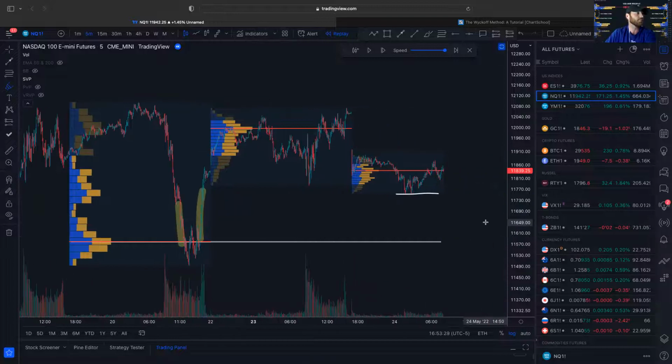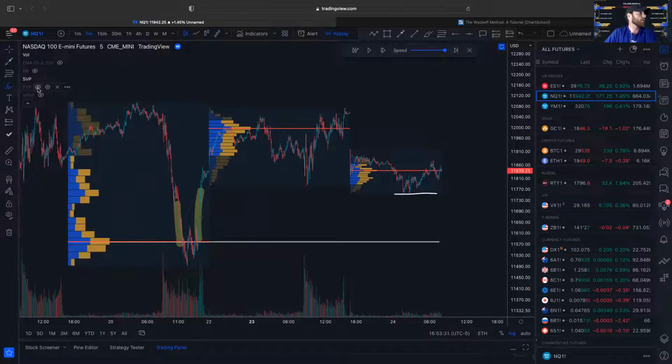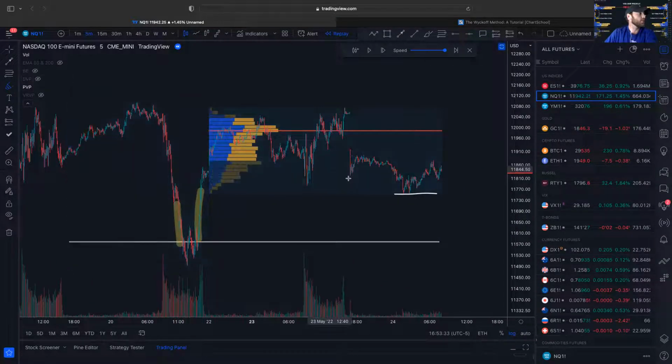All right. And so let's bring out this one and show y'all what this is. This one is the volume for the week. So the weekly volume hadn't really given me a whole lot of info yet, other than to be a little careful because the POC is up high. And eventually I was thinking that this is going to come get hit.